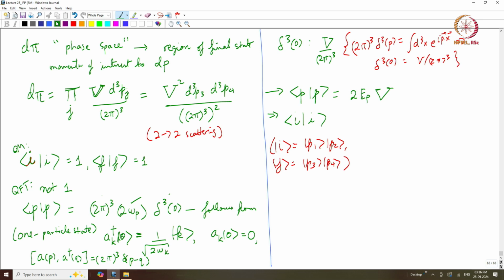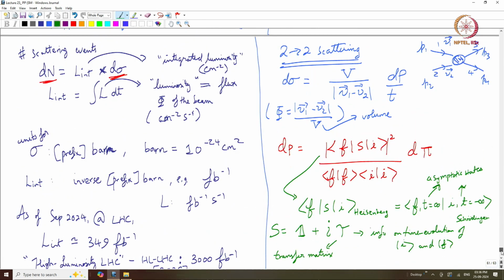So this norm is nothing but 2E_1V times 2E_2V. And similarly, the final state norm is 2E_3V times 2E_4V. That's it actually. So this is now actually good enough for this class.